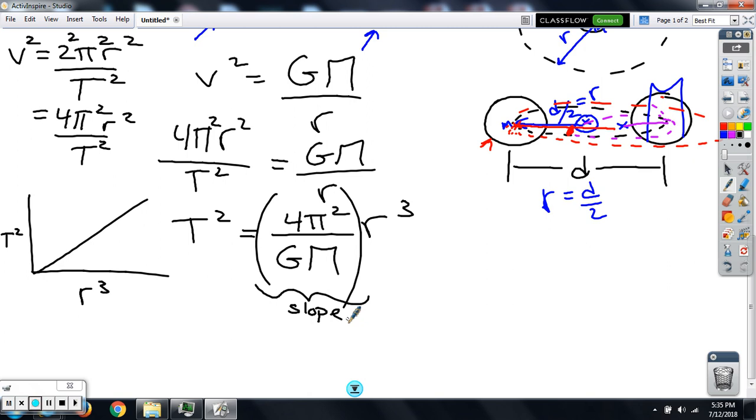If you're talking about the Earth going around the Sun, then you would plug in Newton's constant, and you'd have to plug in the mass of the Sun.